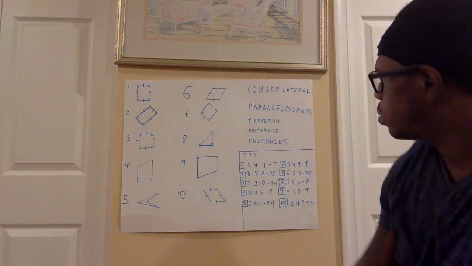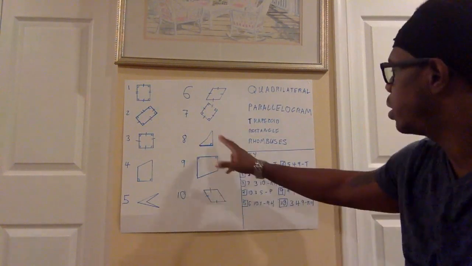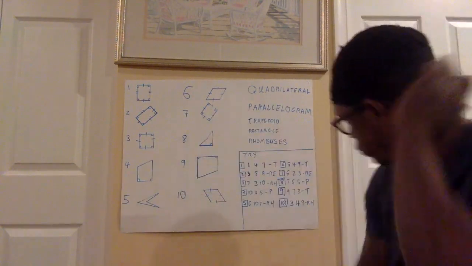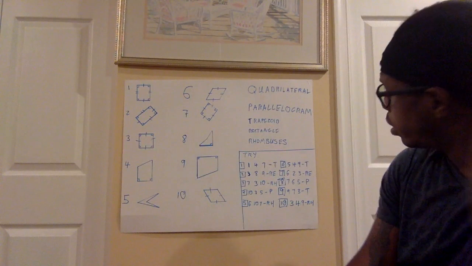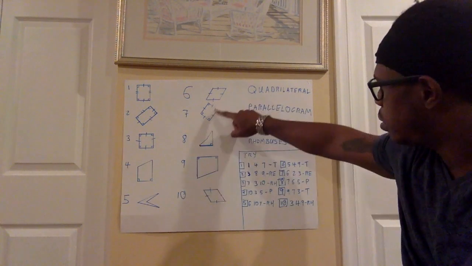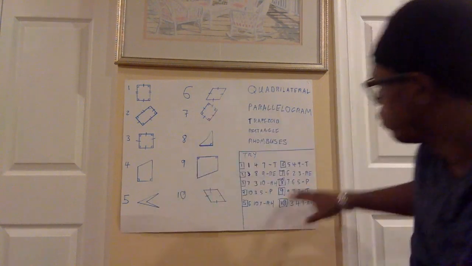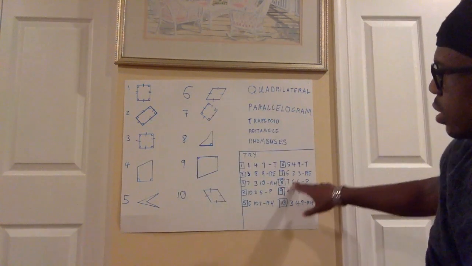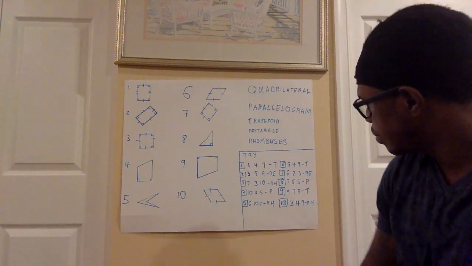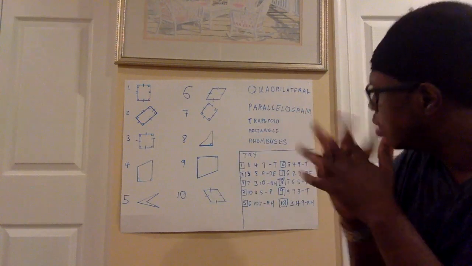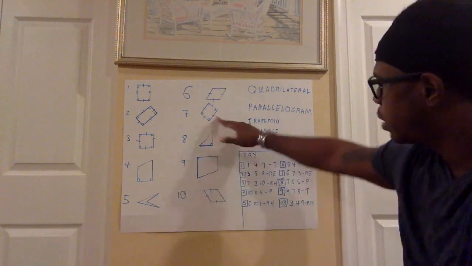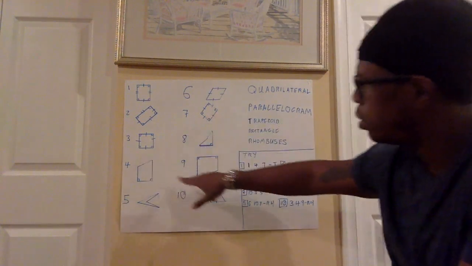Number 8, we're looking for a parallelogram, and we have 7, 6, and 5. We're looking for a parallelogram, so that would be 6 and 7, leaving out number 5. So for number 8, you should have 6 and 7 for the parallelograms, and number 5 is not in there. Number 9, we're looking for trapezoid, and we have 9, 7, and 3.